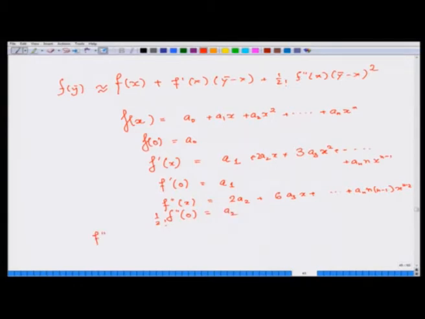Similarly, you try out f triple dash x, which is now 6a3 plus up to n into n minus 1 into n minus 2 a n x n minus 3. Which means the remaining terms all have x, so they will be 0. So, f triple dash 0 by 6, which is 1 by factorial 3, is a3.